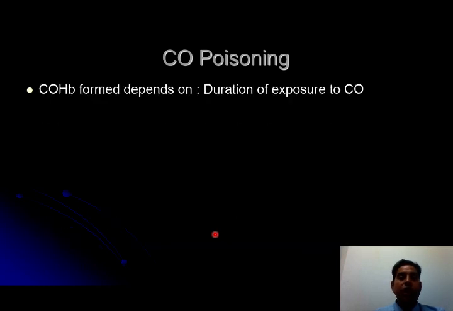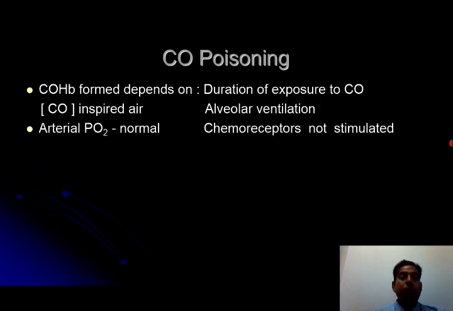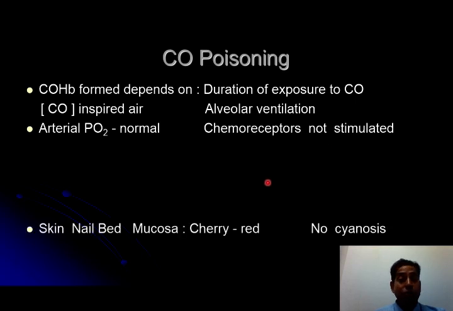So in case of carbon monoxide poisoning, it depends on the duration of exposure, it depends on the concentration of carbon monoxide in the inspired air, and it also depends on the alveolar ventilation. The arterial PO2 is normal. The chemoreceptors are not stimulated because there is no problem with the PO2.